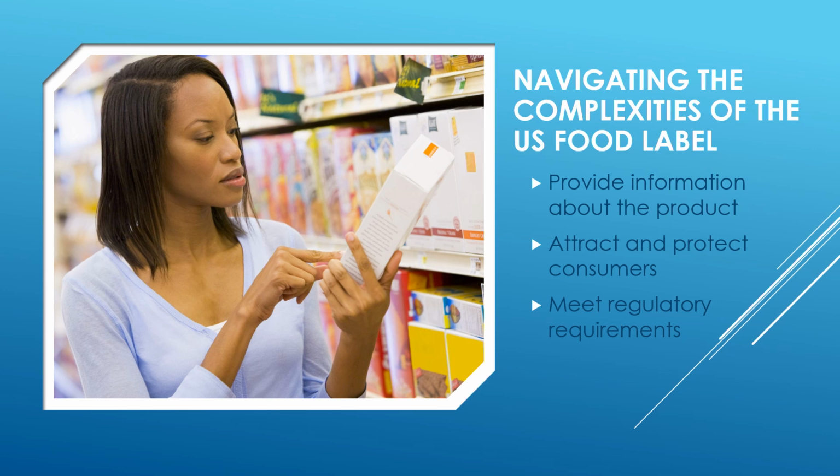If you don't want to deal with lawyers and regulators, just keep it simple, because the goal of the food label is to provide information about the product, attract and protect consumers, and meet regulatory requirements. So those are pretty basic goals.